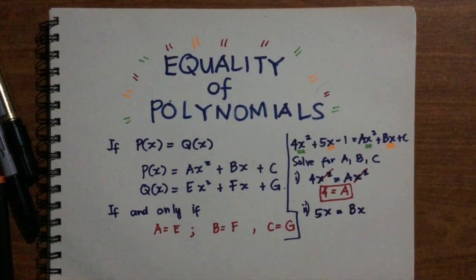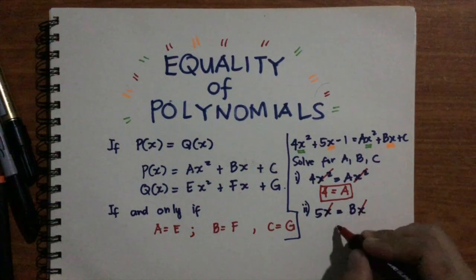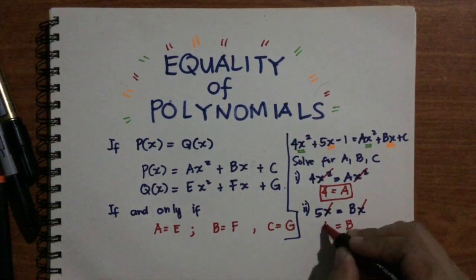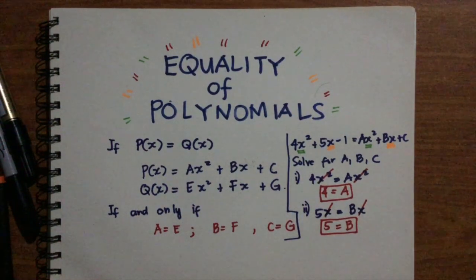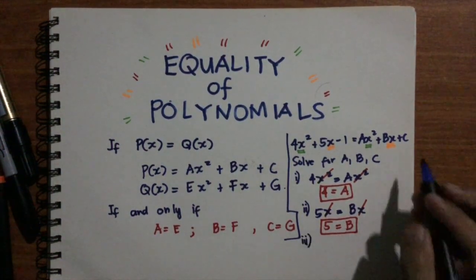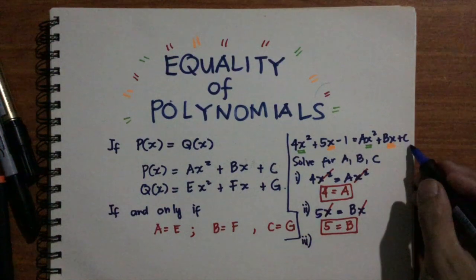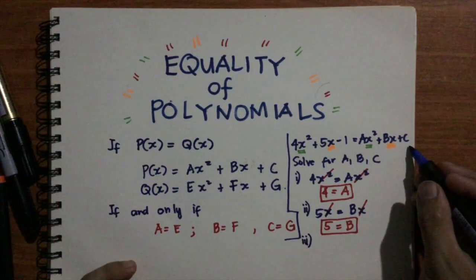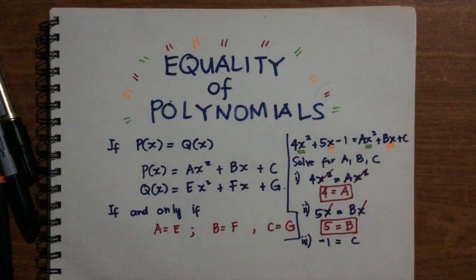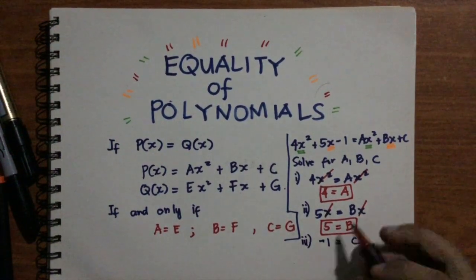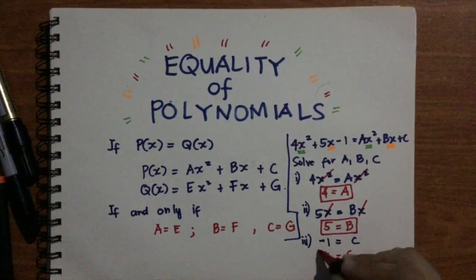We can cancel again x and x, giving us b equal to 5. And lastly, the constant is equal to the variable c, since c does not have any variable also. So therefore negative 1 is equal to c, which means that c is equal to negative 1.